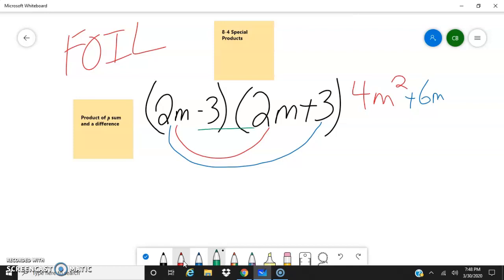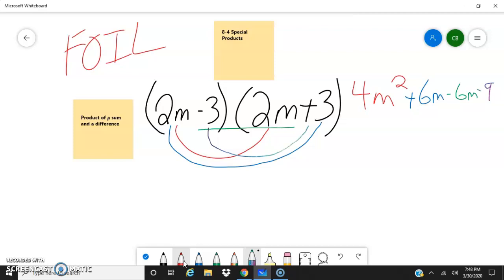Inside now, negative 3 times 2m, negative 6m. And then lastly, I have negative 3 times positive 3, which is negative 9.